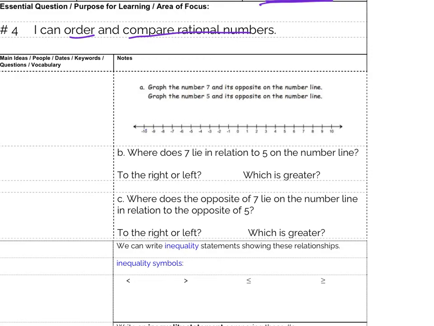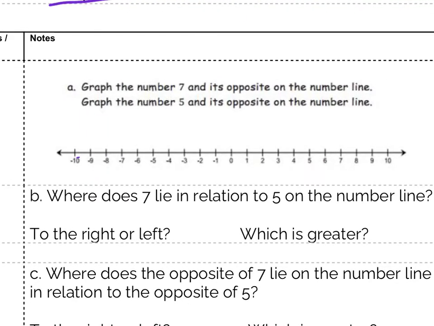The first part says graph the number 7 and its opposite on the number line. So here is 7, and we learned that the opposite would be the same number but on the opposite side of 0, so -7. These are two different places on the number line.